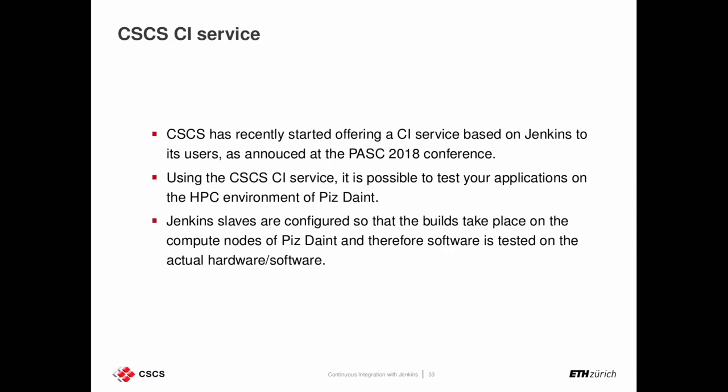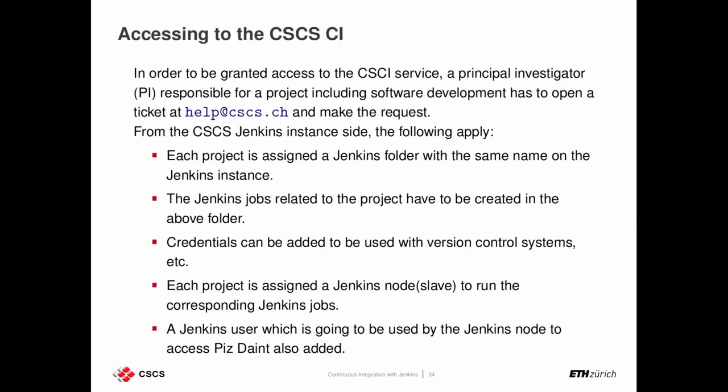In our Jenkins offering, there are Jenkins slaves that are configured to submit jobs to Piz Daint, and therefore the software is tested on the actual software and hardware environment that it's going to run on when you run at scale. So if you want to access the CSCI, the PI of the project that you are part of has to open a ticket and ask for access to the CSCI service.